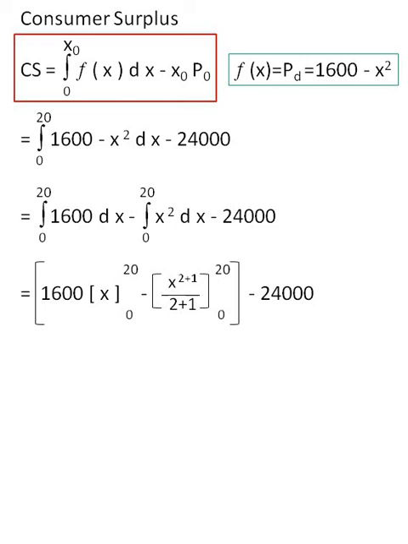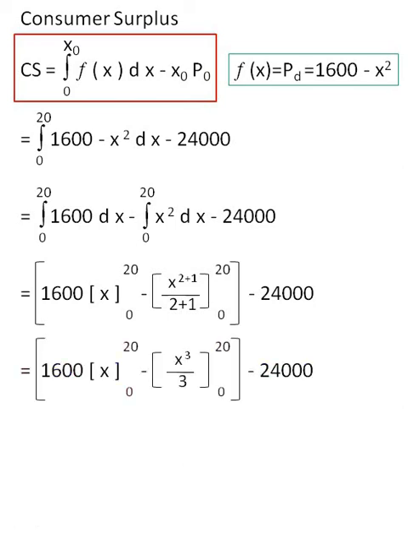So x square it is x to the power n plus 1 by n plus 1, x to the power 2 plus 1 by 2 plus 1, again 0 to 20 minus 24,000. On further solving, 1600 into x from 0 to 20 minus x cube by 3, 0 to 20 minus 24,000.